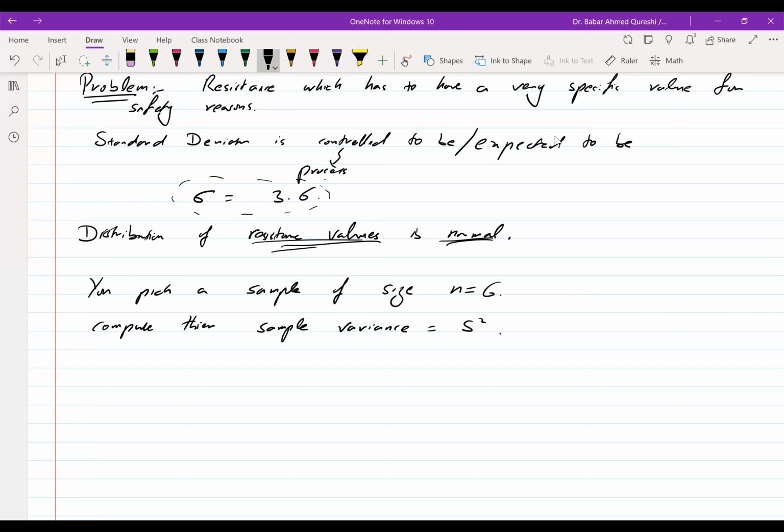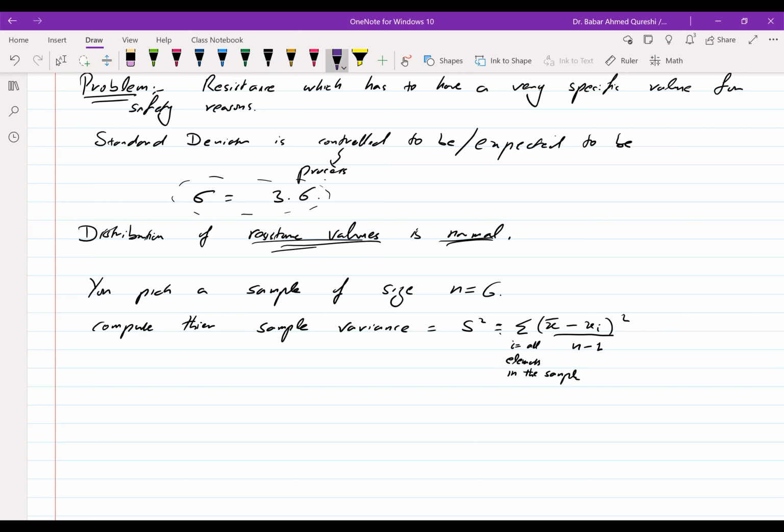Now we know that the way you compute the sample variance is you compute the sample mean, and then you take all these values to make the difference, sum over all elements in the sample, and divide by n minus 1. You just slightly change the formula, where n is the size of the sample. So this is what you are computing.